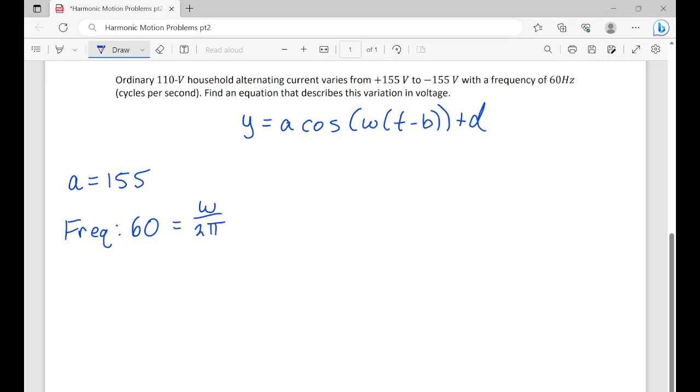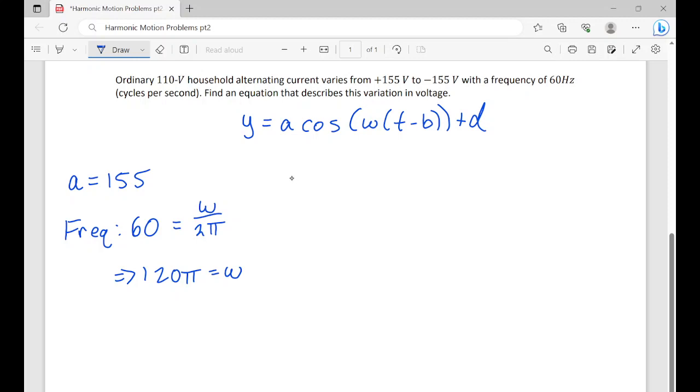And here I can just solve for omega easily, multiply the 2 pi over, and I'm going to get 120 pi equals omega. So I got A, I got omega, and I'm disregarding phase shift and vertical shift. B and D just go away.